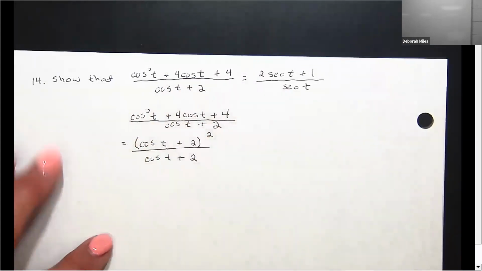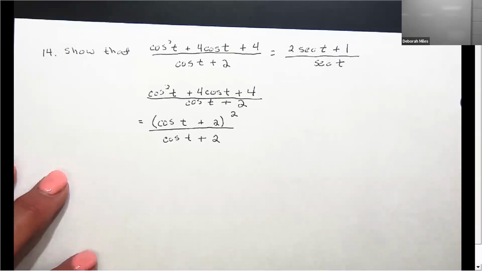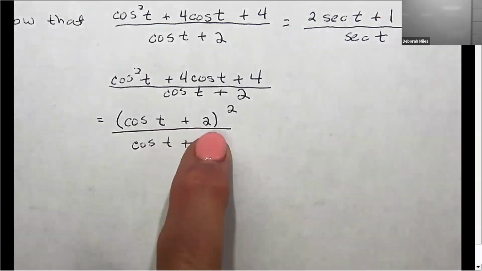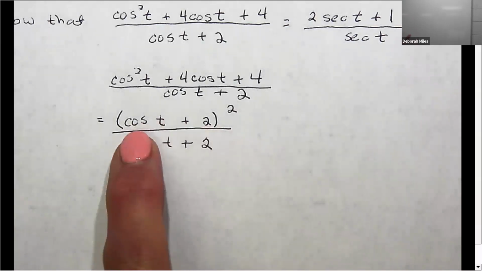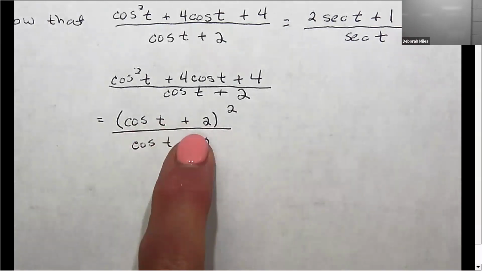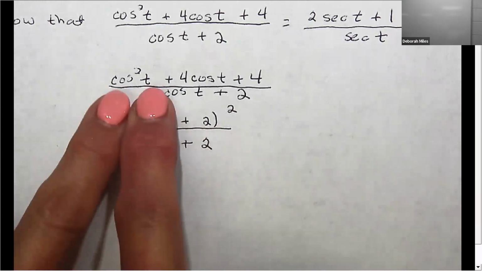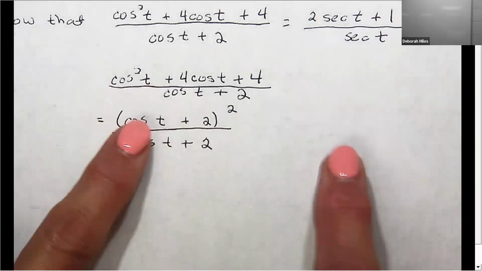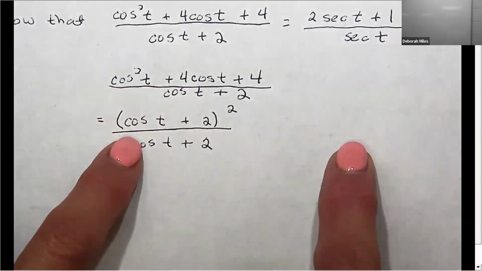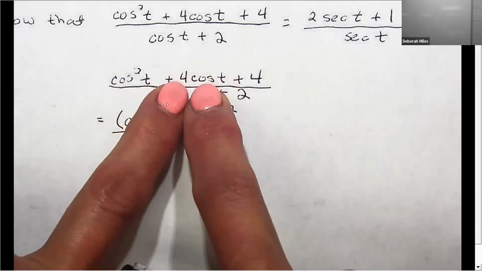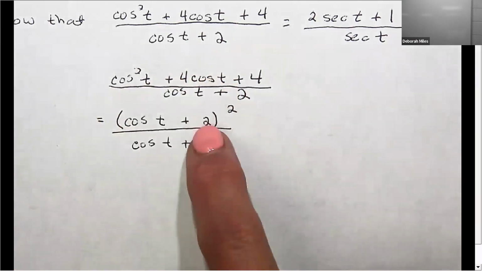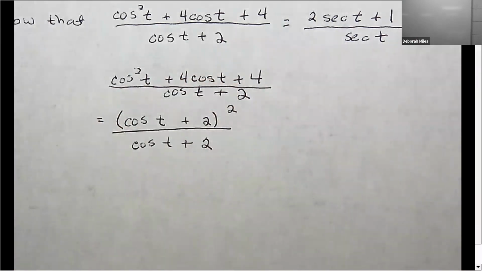I would never go on any further in this problem without double checking that factoring. If I wrote it down twice, cosine t plus 2 times cosine t plus 2, sure enough, that'd give me a cosine squared t. It'd give me a 2 cosine t for the outer terms, a 2 cosine t for the inner terms, that would give me 4 cosine t, and then a 2 times 2 is 4. So far, so good. And then what?